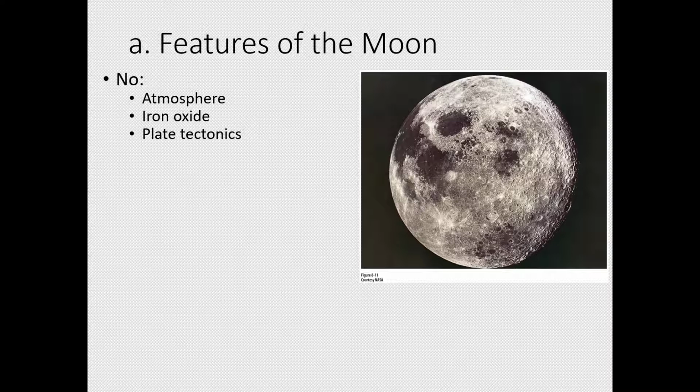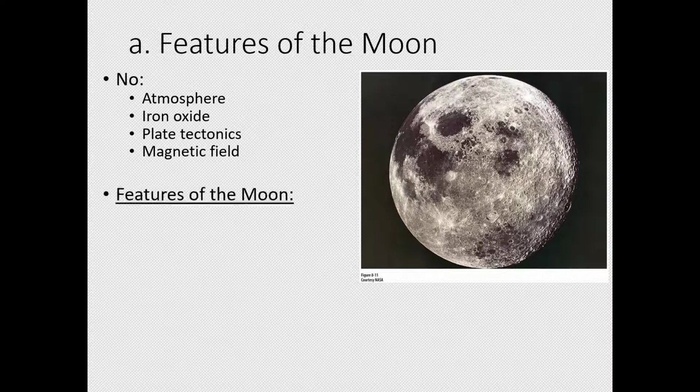And because the core of the moon is completely cooled, there's no magnetic field. Regardless of the fact that there's a lot of iron on the moon, that iron is cooled and not undergoing its own convection in the core. Because there's no magnetic field, there's no way to block the solar winds, which the Earth's magnetic field does, helping to protect the Earth's atmosphere, that thin envelope of gases that surrounds our planet.